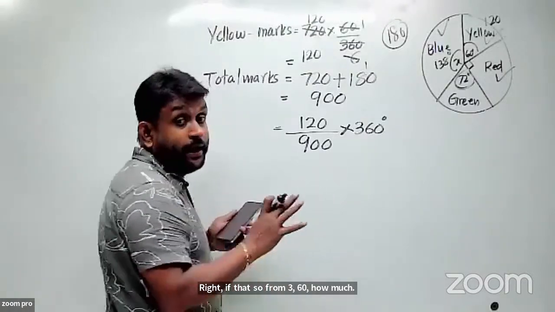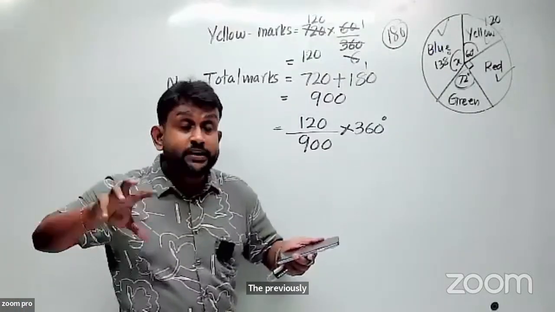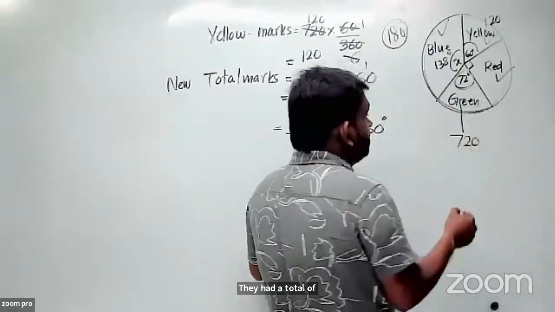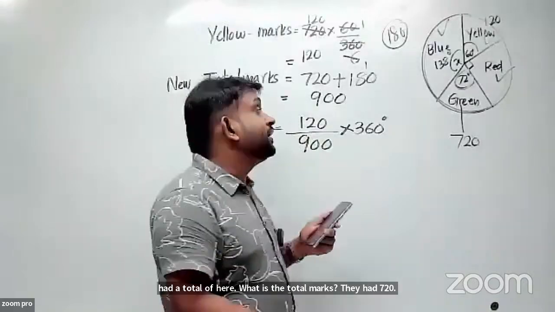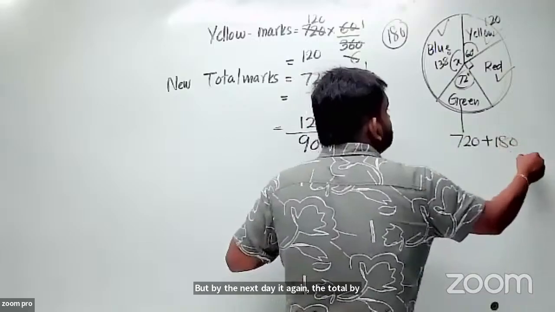So again, see that previously, before this incident, what was the total marks? They had 720. But by the next day, the total gained again by 180. That is, the total increased by 180.